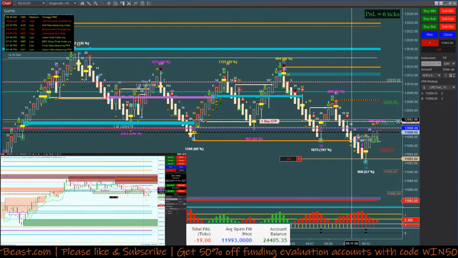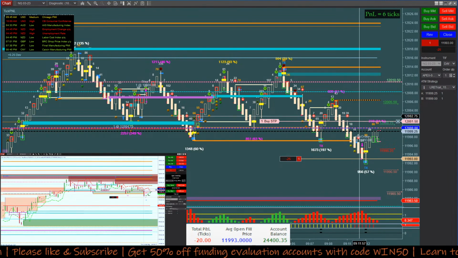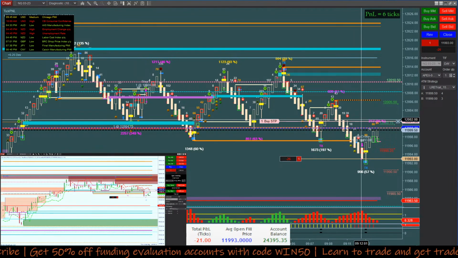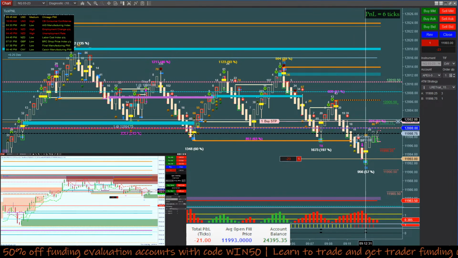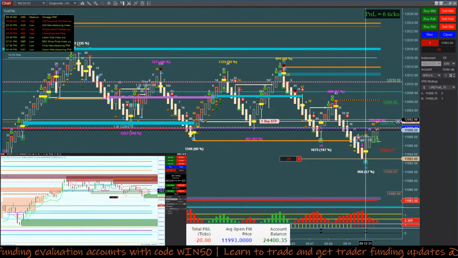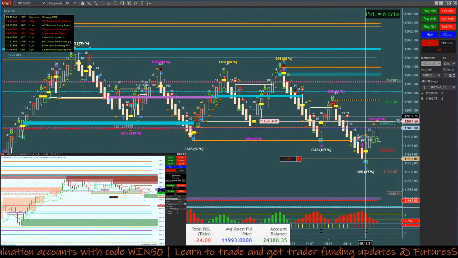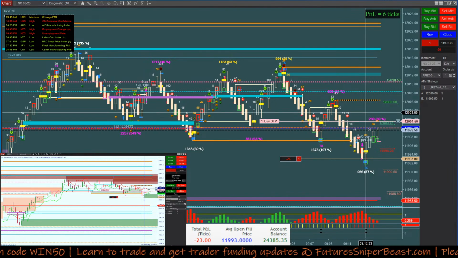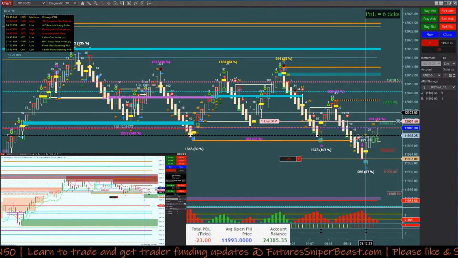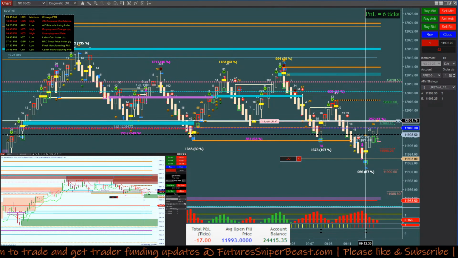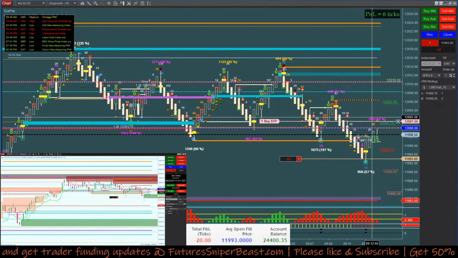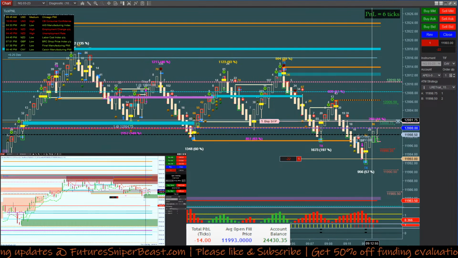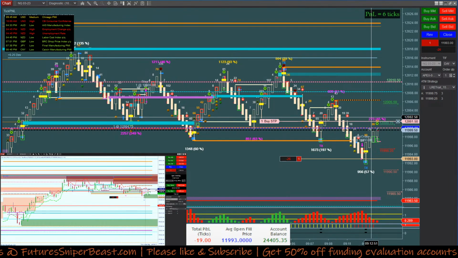Not quite ready to run away from it yet. It bounced right off that cluster on the 30. I thought it may hesitate, but it bounced off of it.